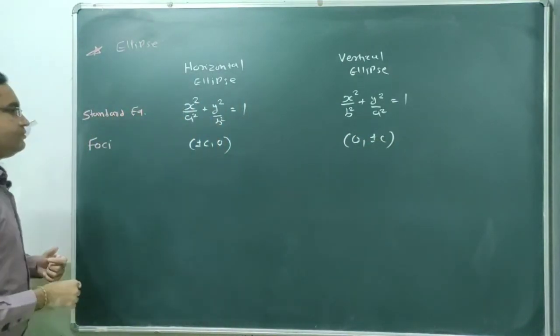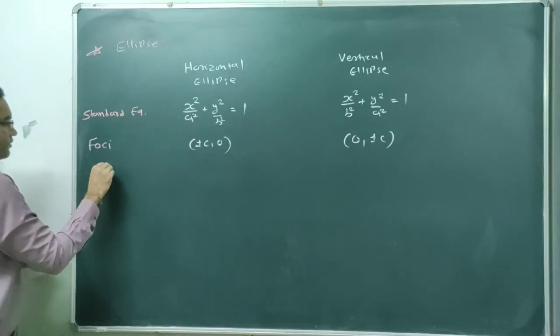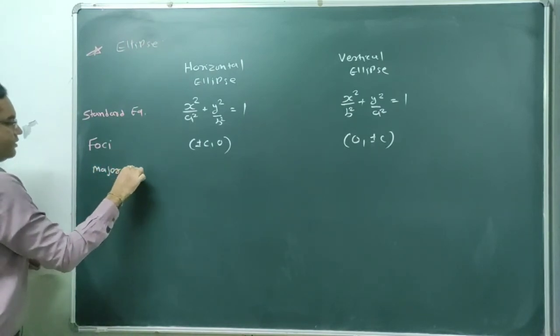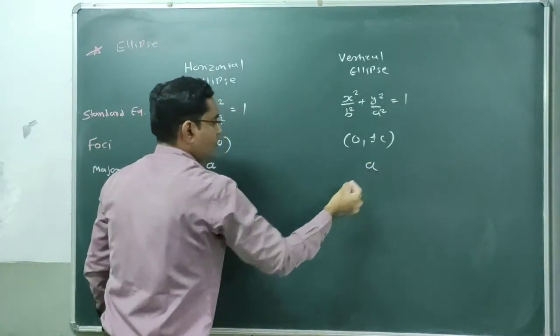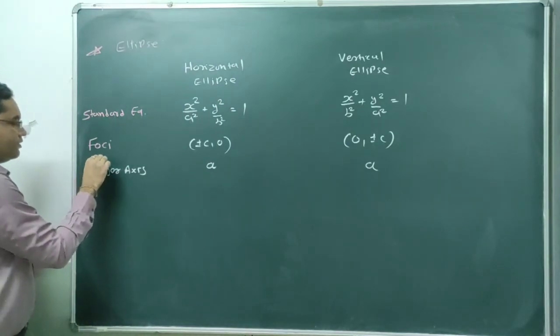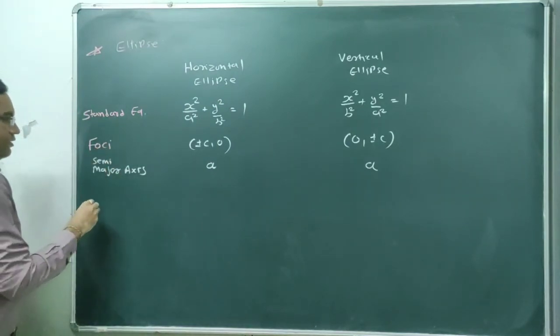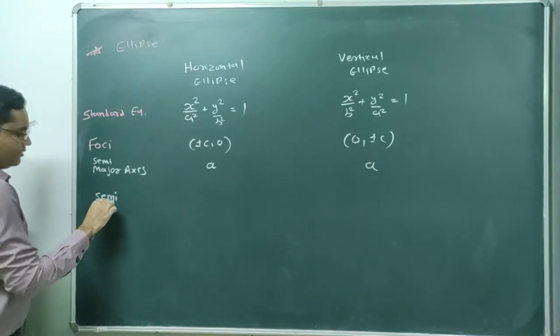Done? Now length of major axis. In this case, it's a. For this case, it is also a. We have to write semi major axis. Same way, length of semi minor axis.